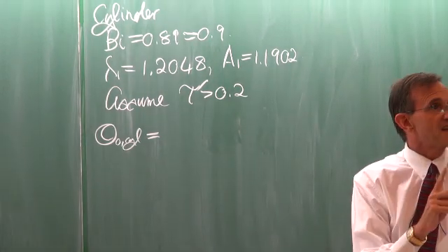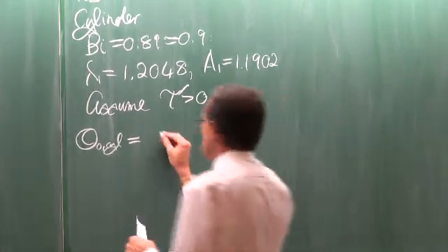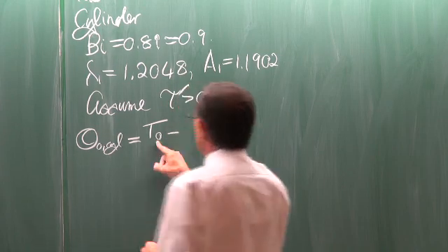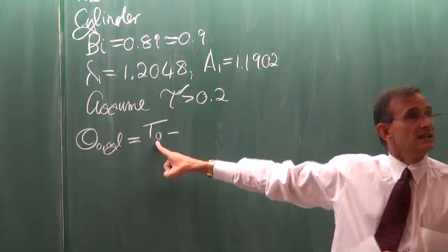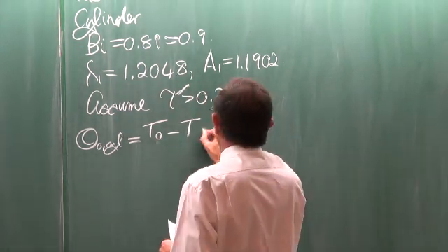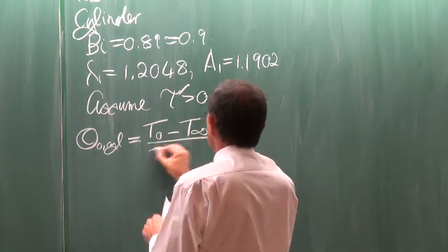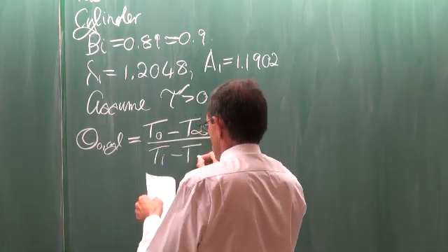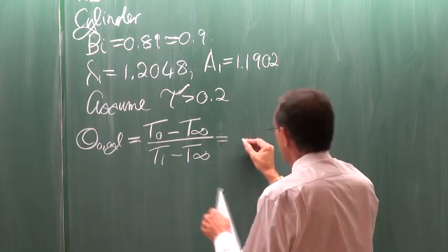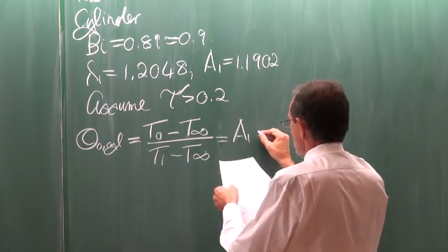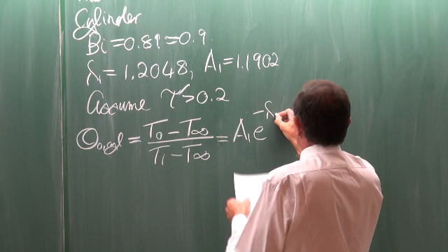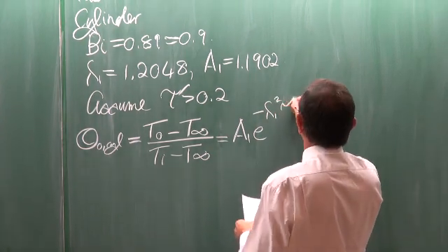The non-dimensionalized temperature at the center, which would be T0 to indicate it's at the center, minus the environment temperature, over the initial temperature minus the environment temperature, is equal to, very simply, A1 e to the minus lambda 1 squared tau.